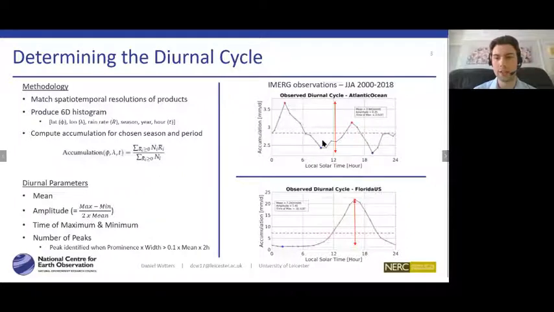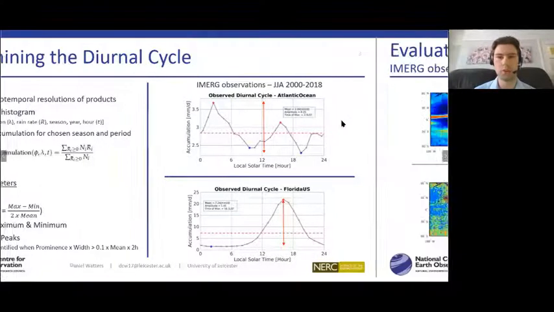It has two distinct peaks and troughs, and to make sure that we're not capturing noisy peaks, like the one that you might see at around 12 hours, we put a criterion based on the prominence and the width of the peak to make sure we're just capturing the true ones.